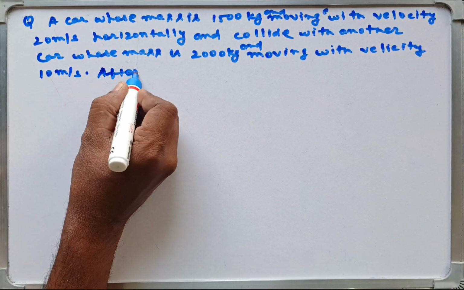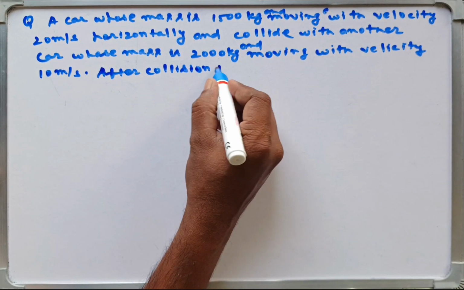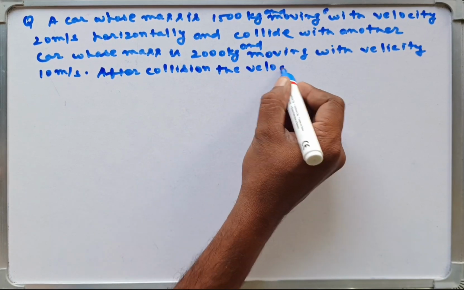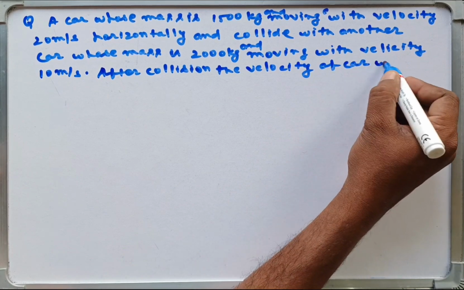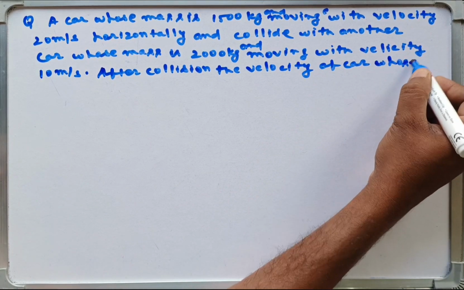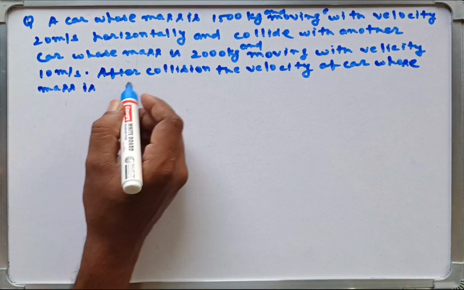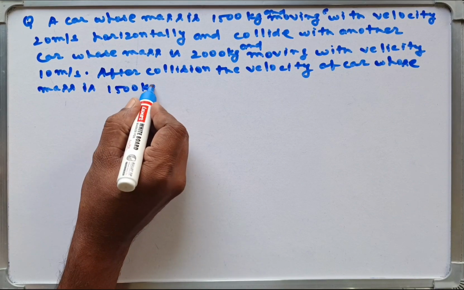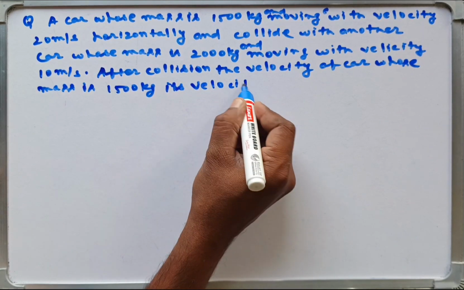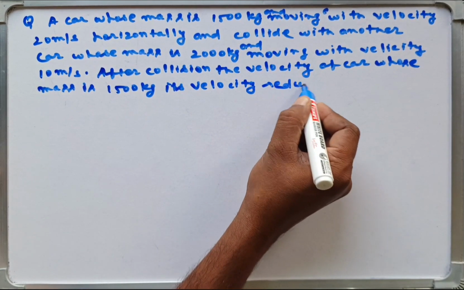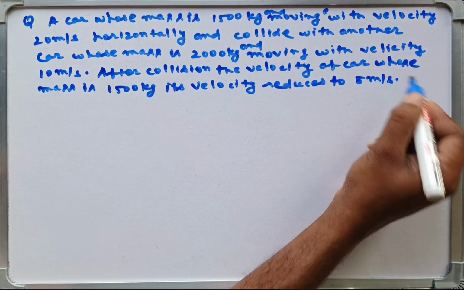After collision, the velocity of the car whose mass is 1500 kg reduces to 5 meter per second.